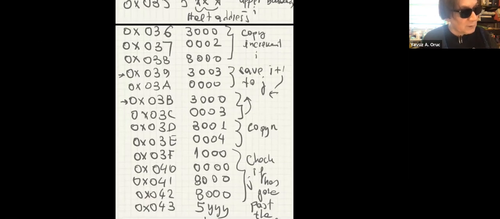Remember, here I was actually copying, saving I plus 1 to J, J plus 1. See, here's what I was saying there. Save I plus 1 to J, and then bring it back into J. You see how that is? Into the accumulator for the test, right there. That's where I'm testing now, J. This is where the test is basically done. Remember, the subtraction happens here. This is the check.